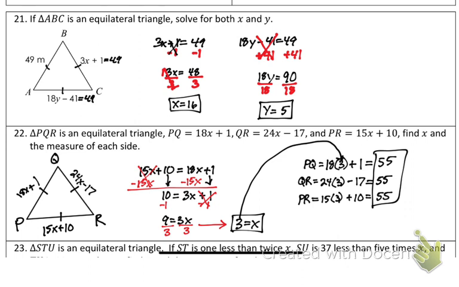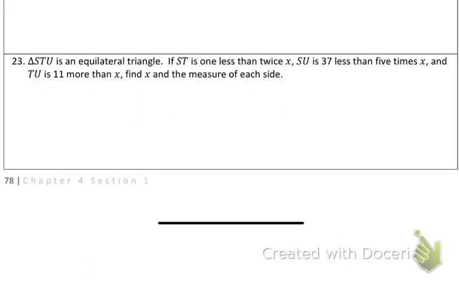All right, the last one is pretty much the exact same thing as the one we just did. We have STU. So I'm going to draw my triangle. So we'll have STU. However, we have to come up with the equations. They give it to us in English. They don't put it as an equation.